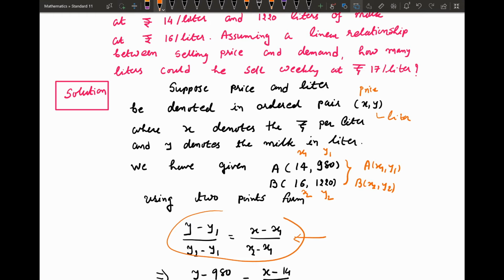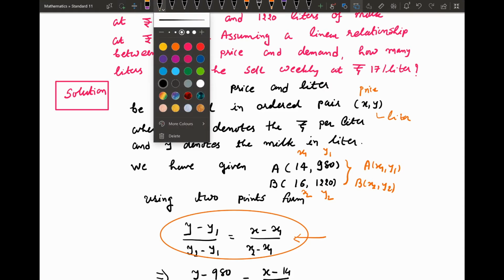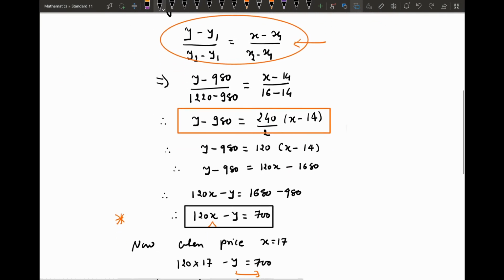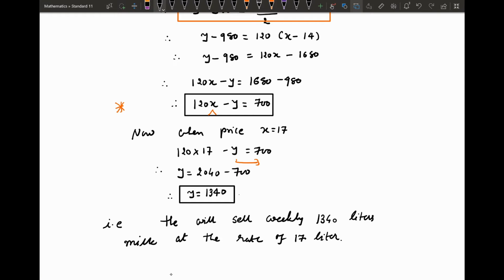Using this, find the equation, and in that equation, if x equal to 17, then find y. So putting x equal to 17, y equal to 1340. So he will sell weekly 1340 liters of milk at the rate of 17 per liter.